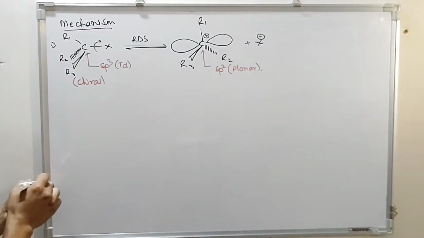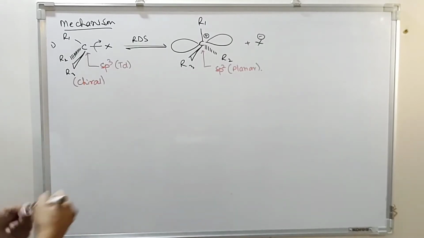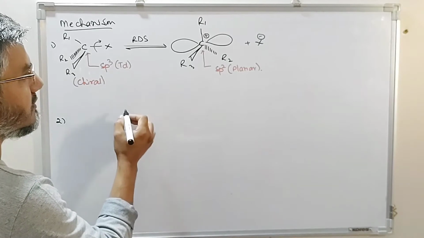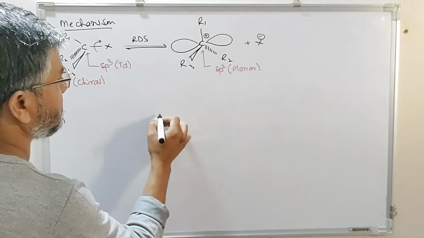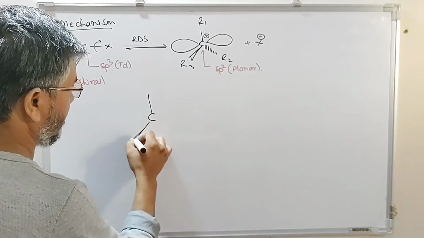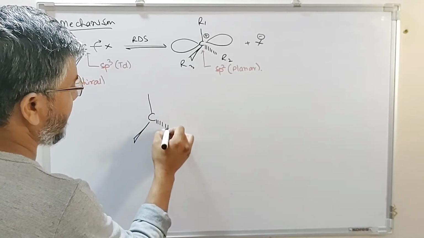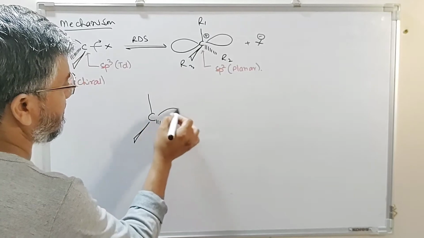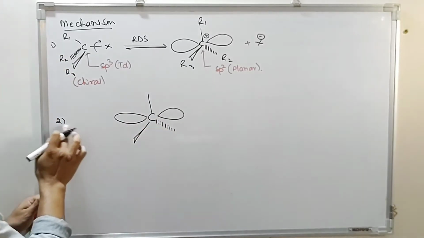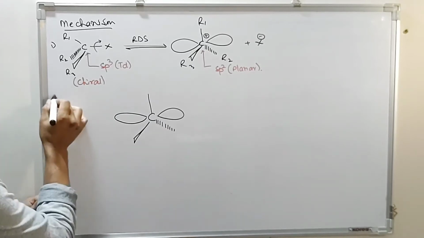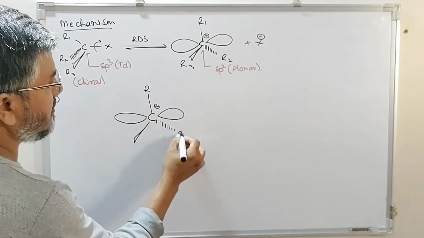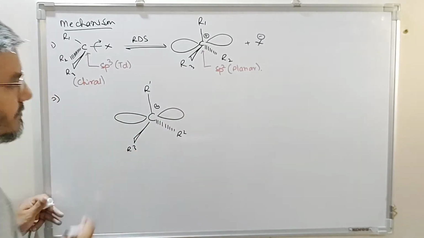Now in the second step of this reaction, we have this planar cation. So this is the second step. We have a positively charged carbon with R1, R2 and R3.